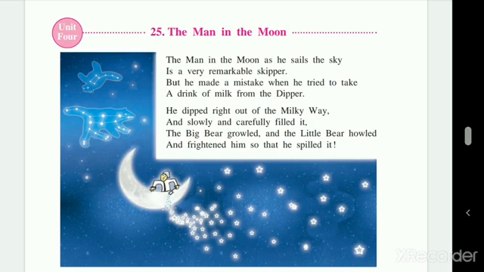The big bear growled and the little bear howled. The big bear and little bear made some noise, and because of that, the skipper was frightened, and because of that, he spilled all the milk, and with that, the Milky Way was created.